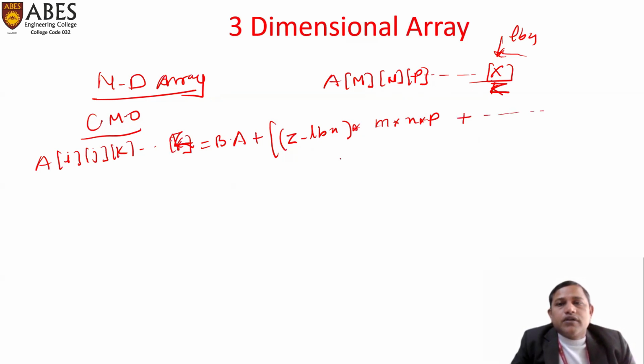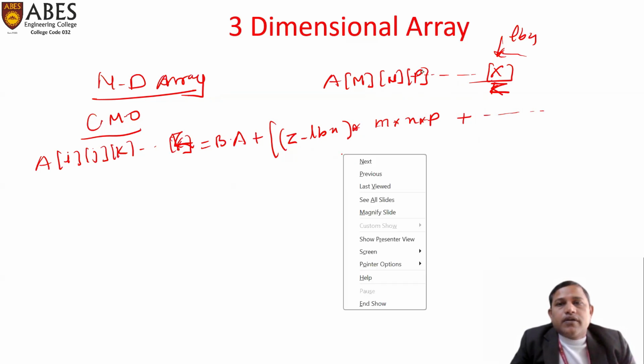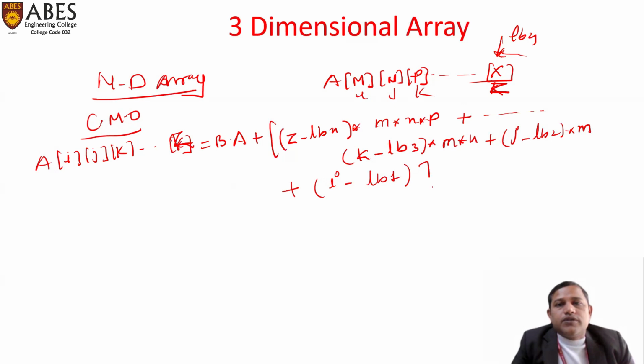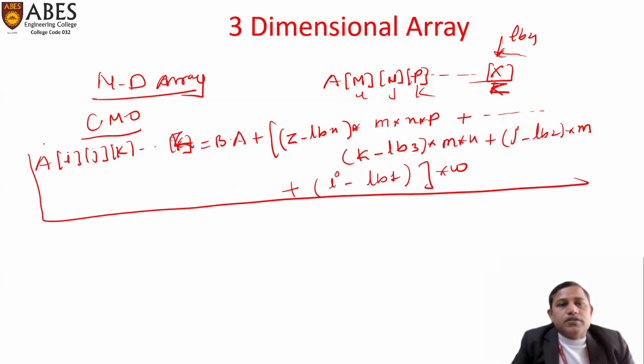plus this one is for k, k minus lower bound, suppose 3, multiplied by the remaining elements m into n, plus j minus lower bound 2 multiplied by m, plus i minus lower bound 1, with no remaining elements, and multiplied by the size of one element.